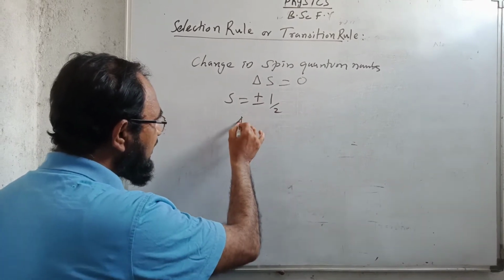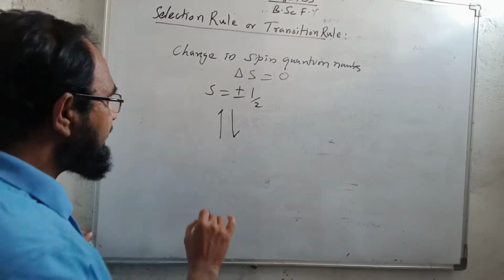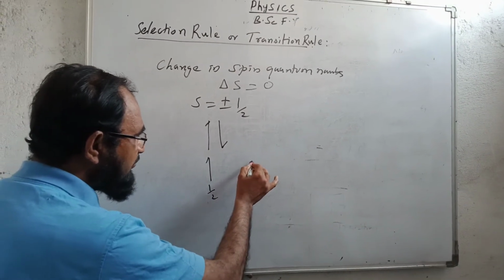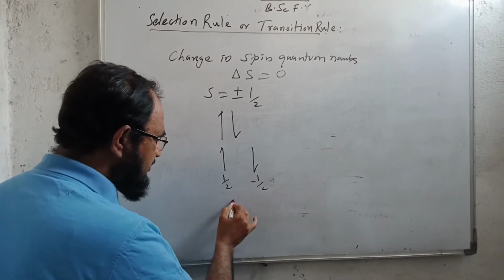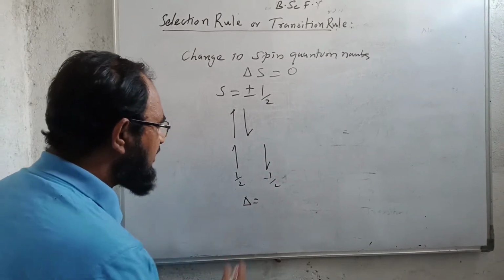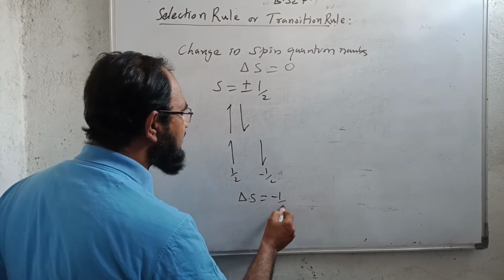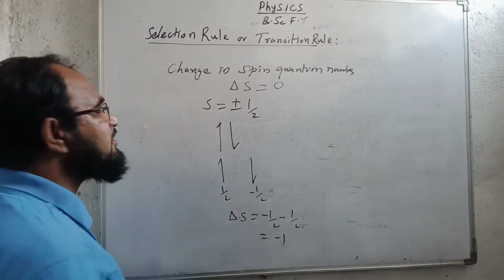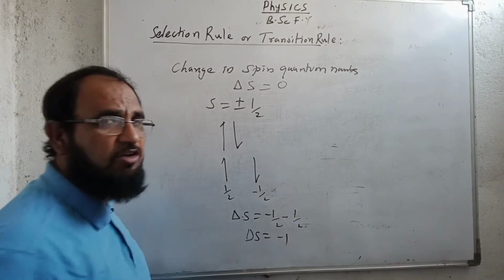When one electron has spin in one direction and another has spin in the other direction, for one direction it is plus half and for the other it is minus half. So delta S, final minus initial, will give minus 1, and this is not allowed. Delta S of minus 1 means it is forbidden.